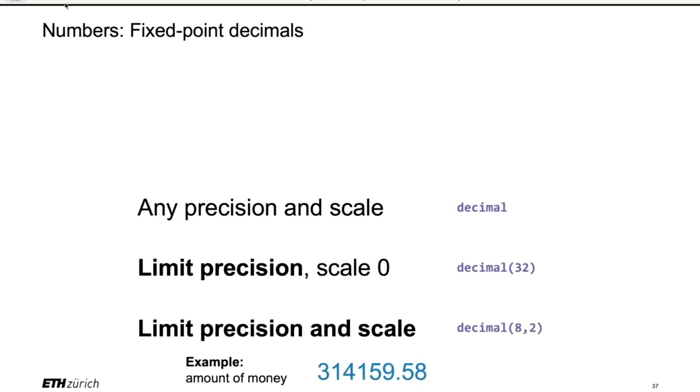And finally, you can also specify a scale. So here you would say, I want a precision of 8 digits. And I want to move the decimal period by 2. So it means that I have 6 digits before the period and 2 digits after the period, right? And that's an example. You see it has 6 digits before the period and 2 digits after the period.